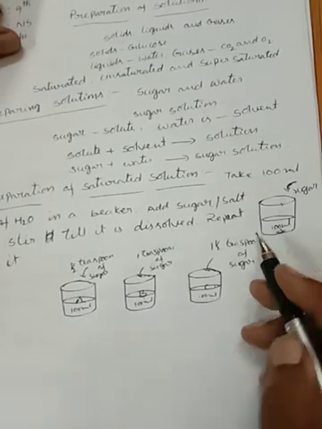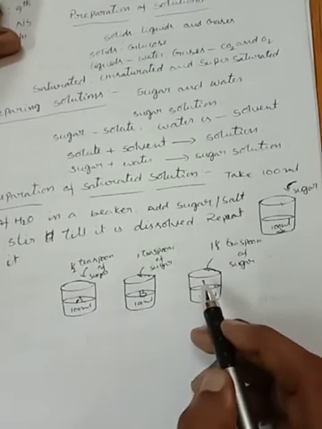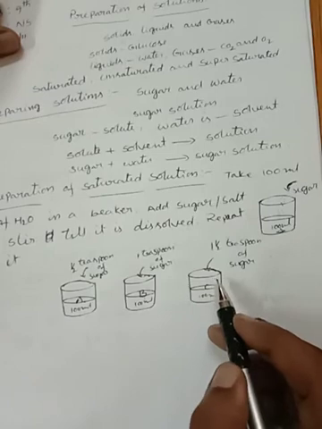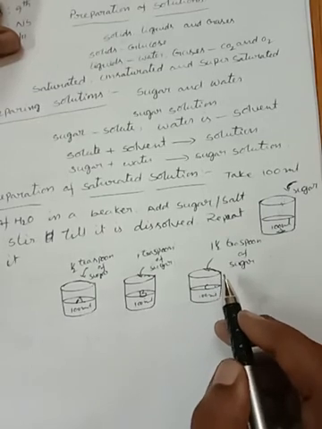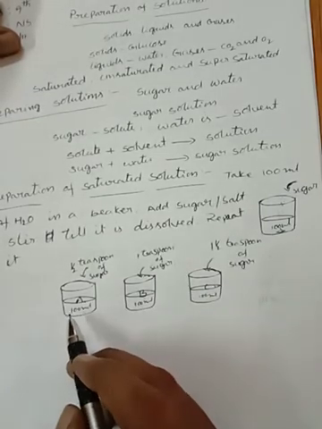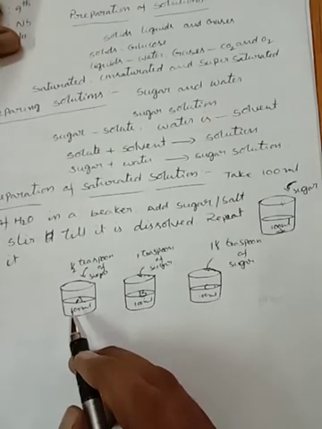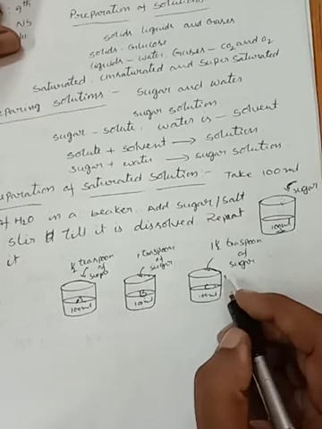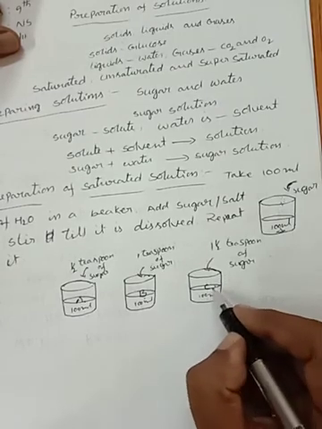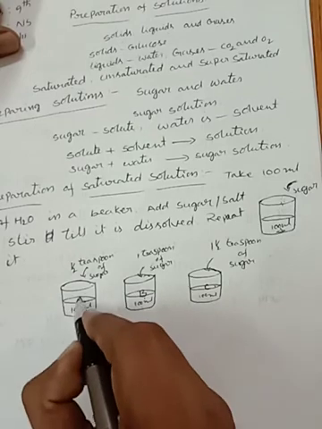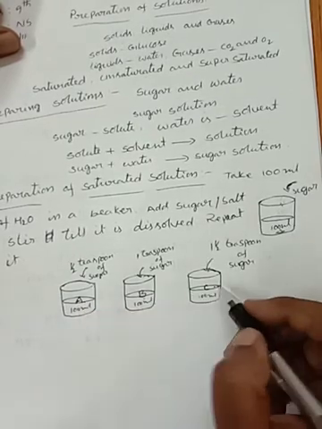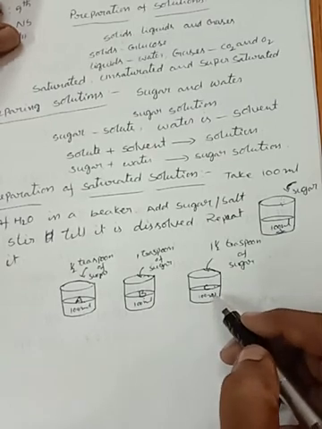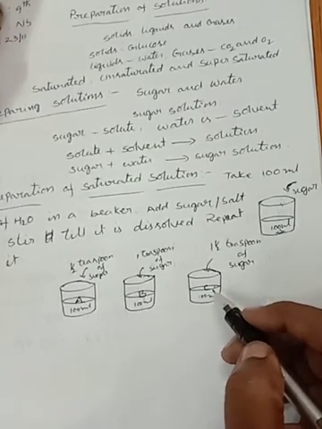Okay, compare the 3 solutions and answer the questions. Which is the most sugary, the solution of beaker A or beaker C? Beaker C. The beaker C solution is more sugary compared to beaker A, because in beaker C an excess amount of sugar is dissolved.